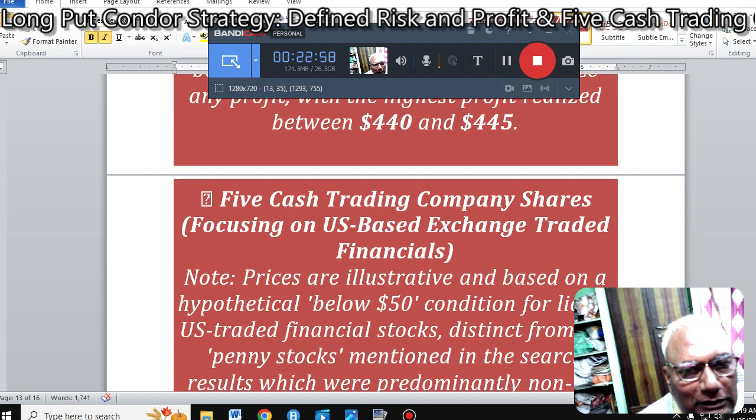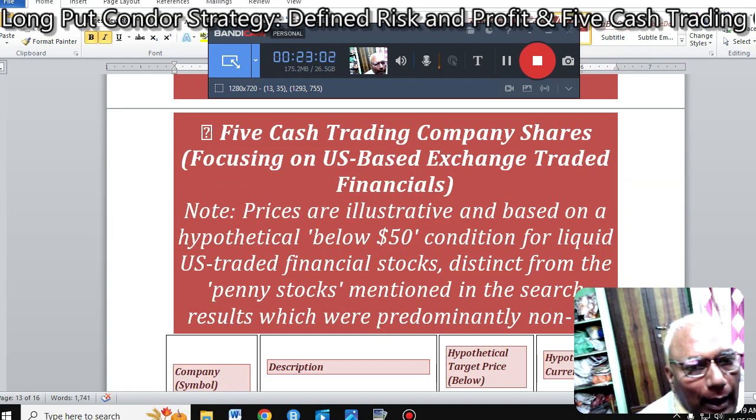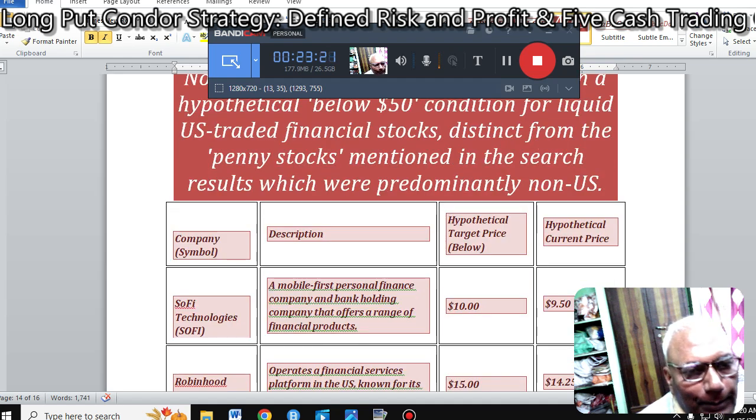Note: prices are illustrative and based on hypothetical below-$50 conditions for liquid US-traded financial stocks, distinct from the penny stocks mentioned in the chart's results, which were predominantly non-US companies. Description: hypothetical target price, hypothetical center price.